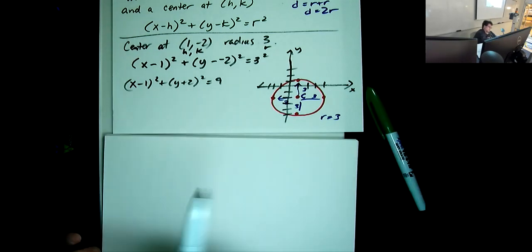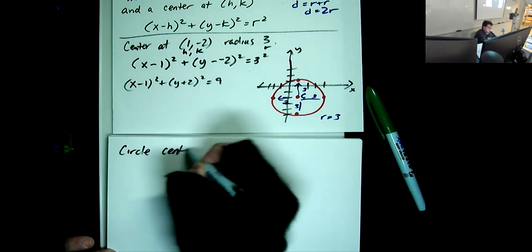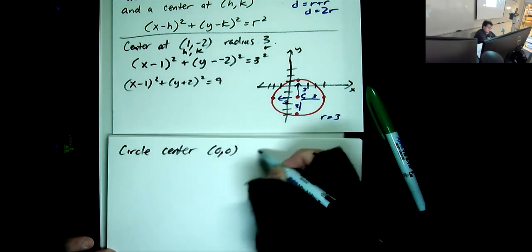What about a circle with a center of (0, 0) and a radius of 1?